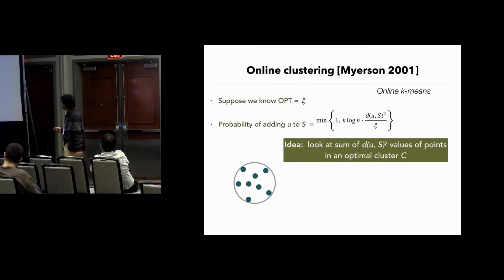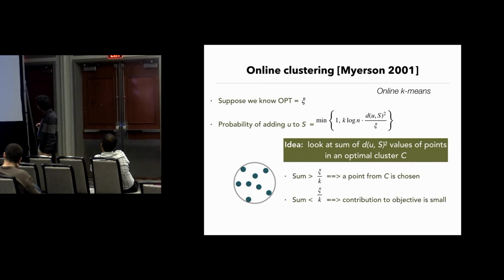Then the claim is that if this sum over all these points is more than something like C by K, then this probability will ensure that you will pick one of these points with very high probability. So you'll pick some point of this cluster with pretty good probability. And if this sum is less than C by K, then even if you had K clusters like this, their contribution adds up to something less than C.